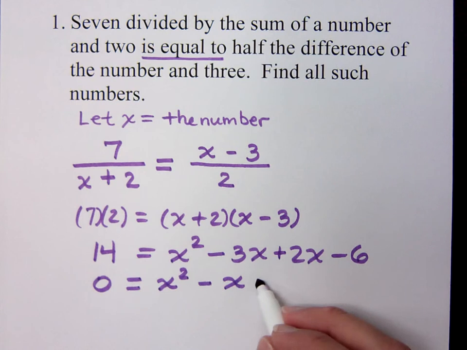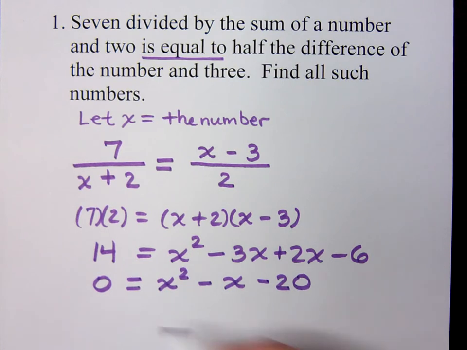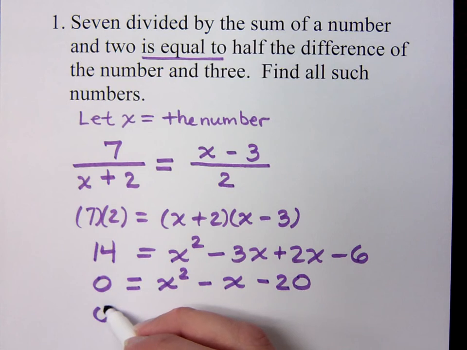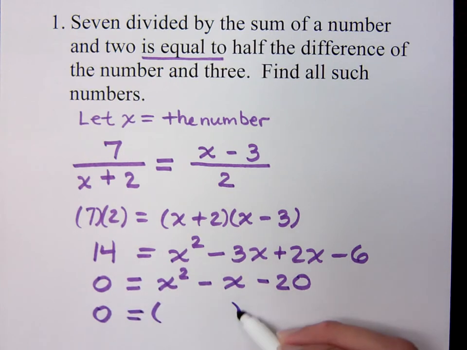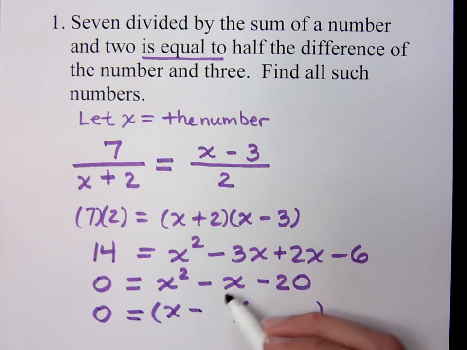Minus 20. This is equal to 0, so what are we going to do? Factor. How does this factor? The middle term is negative, so the larger number needs to be negative. So x minus 5 and x plus 4.